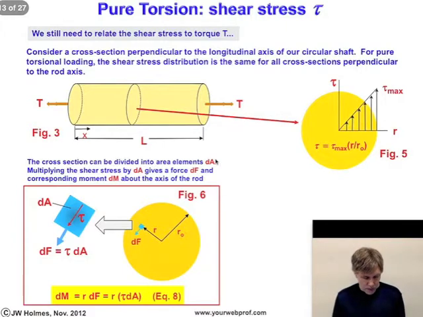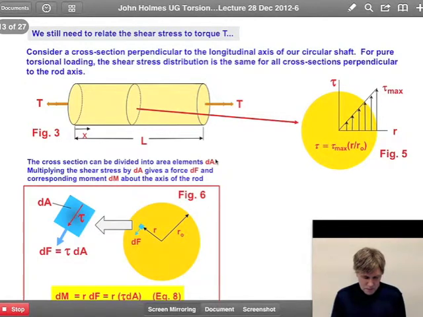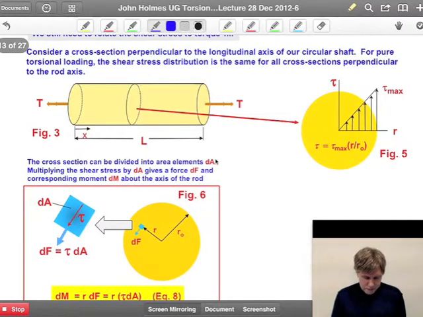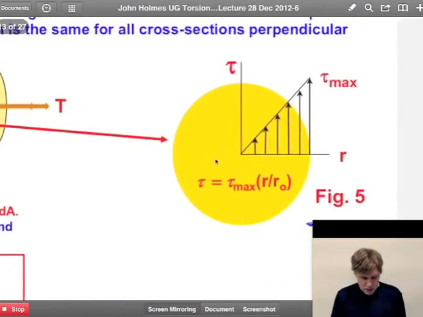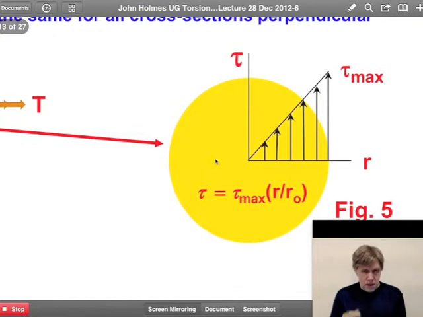Okay, let's go a step further, because we still need to obtain this relationship between shear stress and torque. I want to slow down a bit here, because how we're going to do this is quite important. Let me first start with figure 5 here, which shows again on the cross section the shear stress distribution.